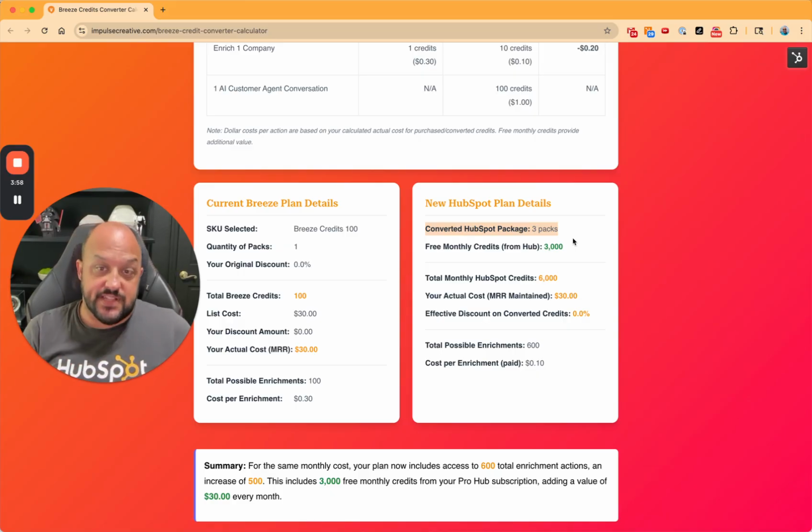That's where you see we've got 3 HubSpot $10 1,000 credit packages, which gives us 3,000. At that point, the total monthly HubSpot credits is 6,000 because you get the free monthly credits from being a Pro member: 3,000 for Pro, 5,000 for Enterprise, and I think Starter gets 500.